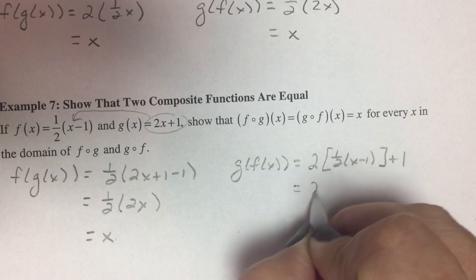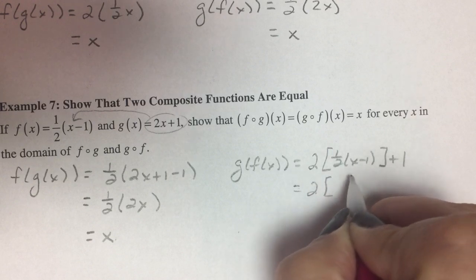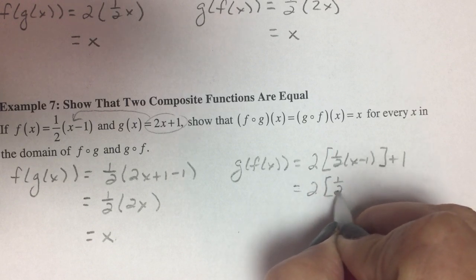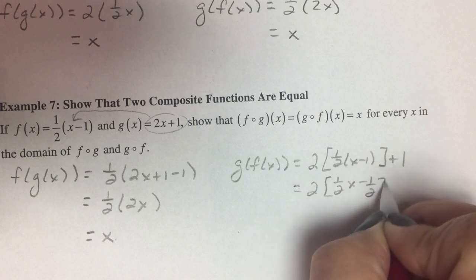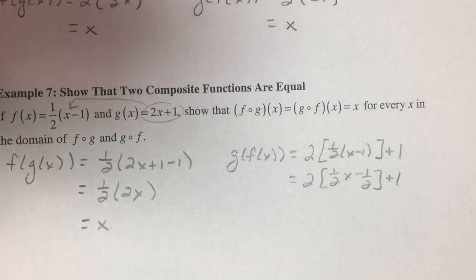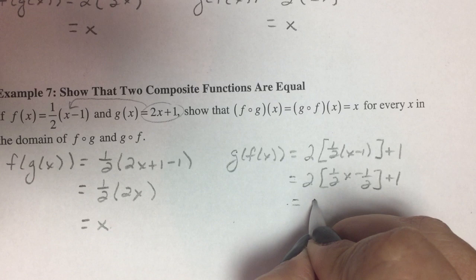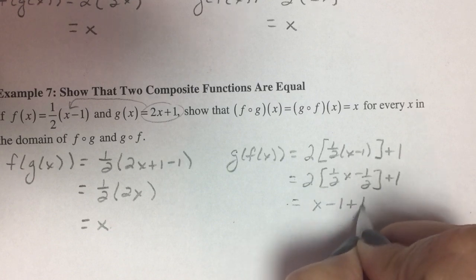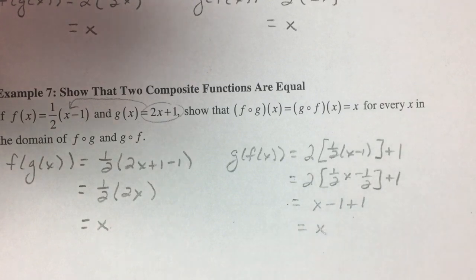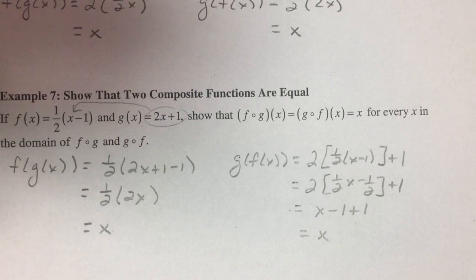Let's see. If I distribute the 2 through, I'm going to get x minus 1 plus 1, and lo and behold, I get x both ways. That's what they're asking you to find there.